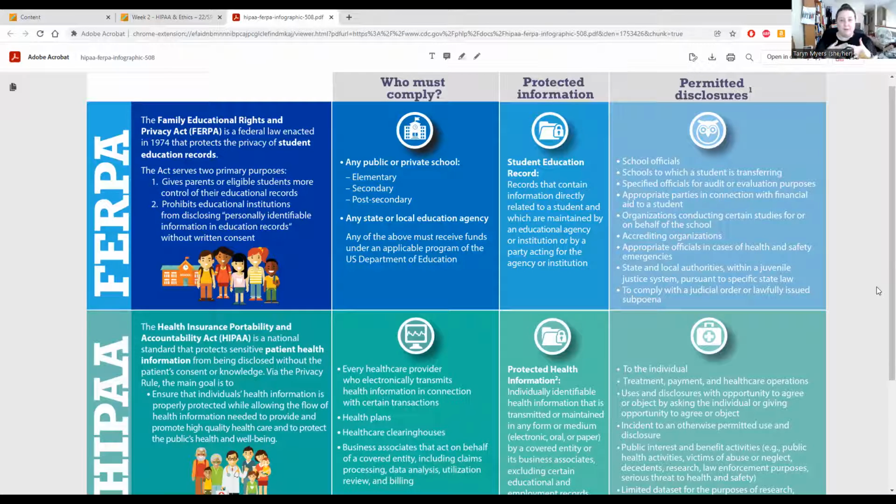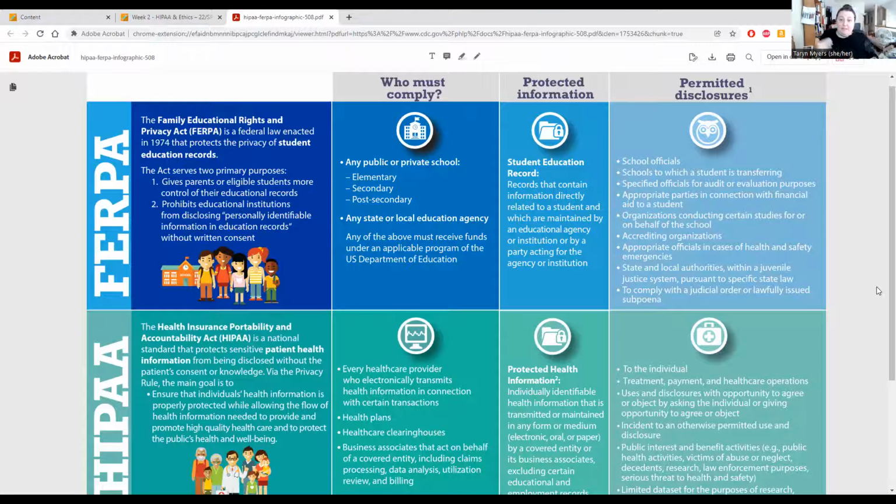So let's say one of your parents calls me or emails me, I actually have to go into WebAdvisor, and there's a place where I can check and see whether or not you have given permission for me to even talk to them. If you haven't, which I totally respect, and in fact, sometimes I think everyone should, although I understand emergency situations, then I can't technically even confirm that you're a student in my class.